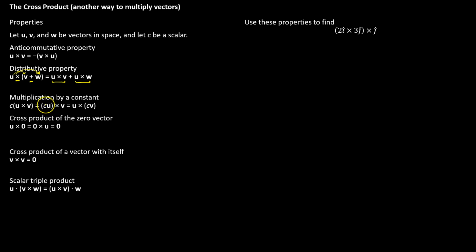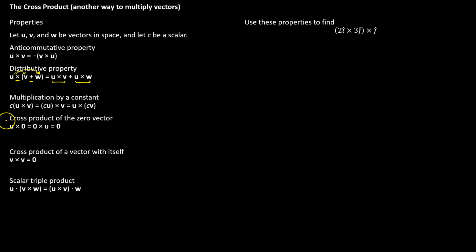So if you have a constant multiplied to one of your vectors, you could factor it out, calculate the cross product between the two vectors like you have on the left over here, and then multiply the constant back in. And it doesn't matter if that constant were on the first vector or on the second vector. You could factor it all the way out of the outside of the two vectors and the cross product.